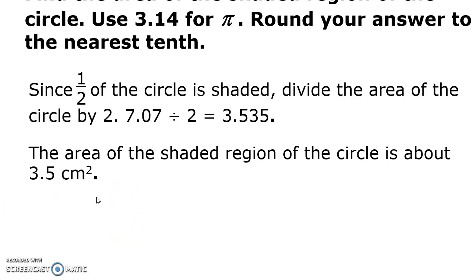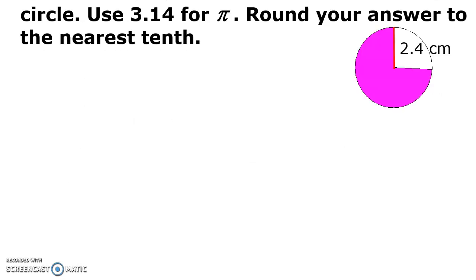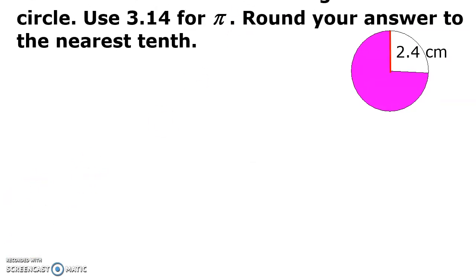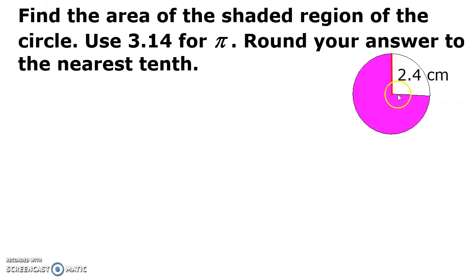Okay, so if you see a shaded part, don't freak out. You just need to figure out what fraction of the circle we have, find the area of the whole circle, and then act accordingly. So we're going to do the same thing here. We're going to find the shaded region of the circle. So we're going to find this fuchsia part here.